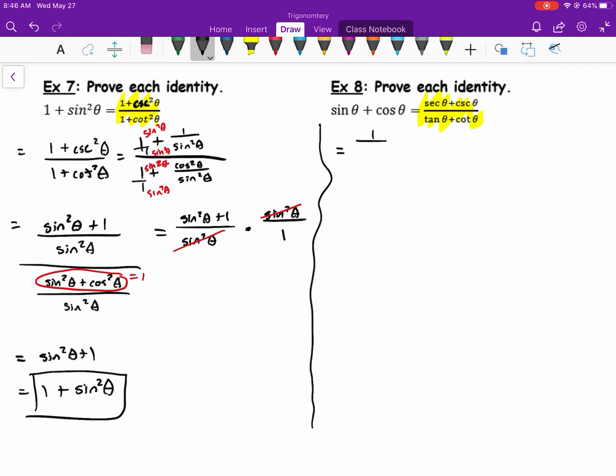You know, secant is 1 over cosine plus 1 over sine, divided by tangent, which is sine theta over cosine theta. Cotangent is cosine theta over sine theta.